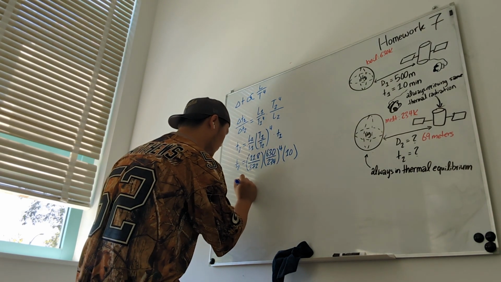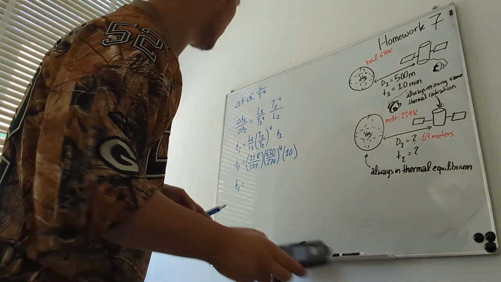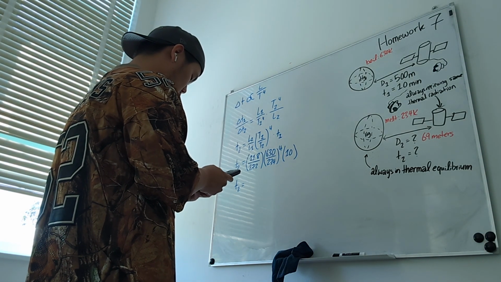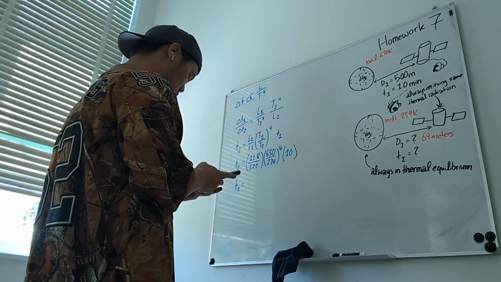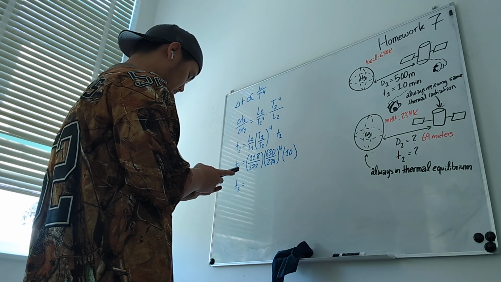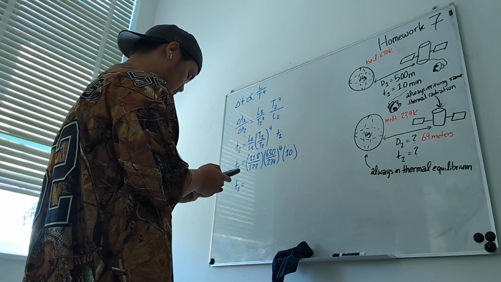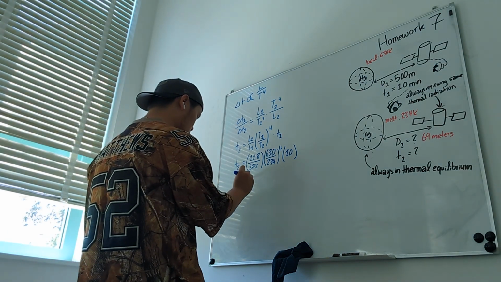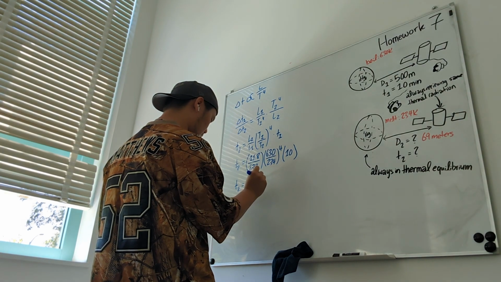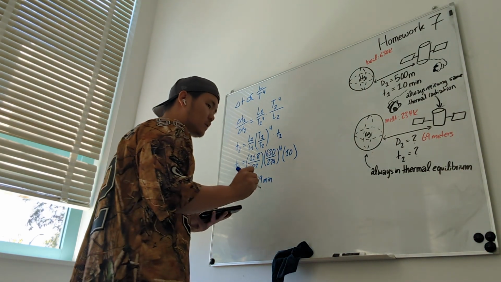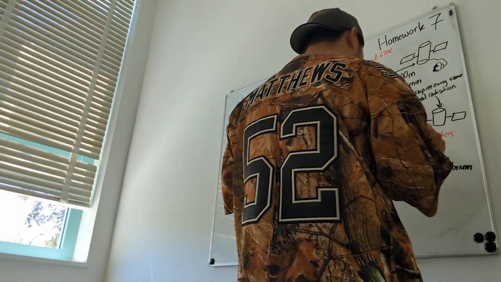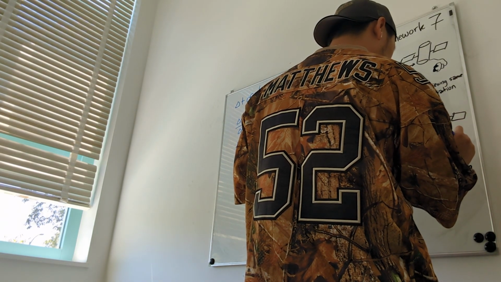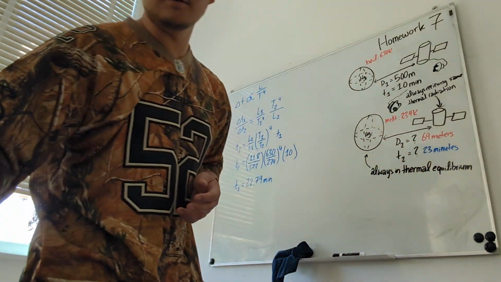So we get t2 is equal to .79 minutes, and we are going to sig fig that down to just 23 minutes as our final solution.